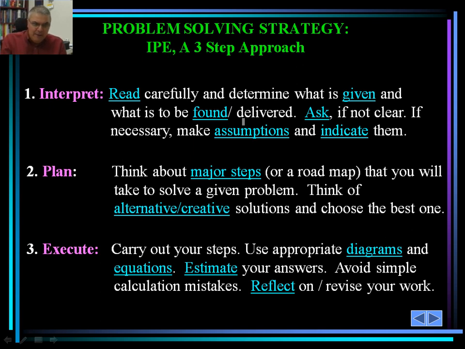That's the interpretation part. Then, after we comprehend all the information and digest it, we need to think about major steps or a roadmap that will be taken to solve a given problem. Think of alternative creative solutions and choose the best one. But remember, these must be according to some kind of engineering principles.